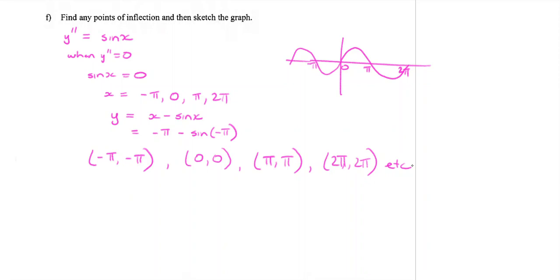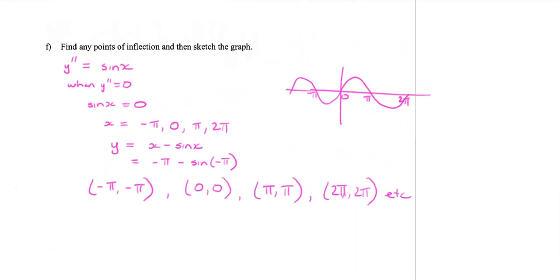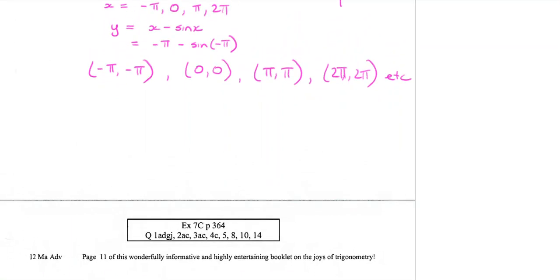You ready? Let's draw it. Oh, I'm running out of room. Okay. 2 pi, 2 pi. So I'm going to go by pi's in every direction. Pi, 2 pi. I can even go to 3 pi.